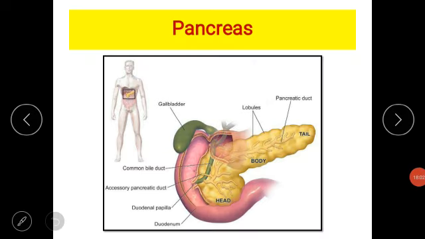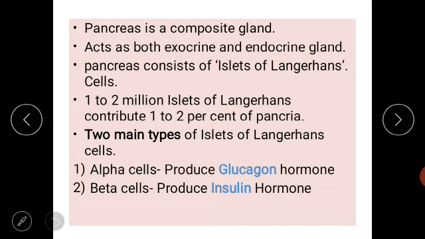Let us take a recap of the pancreas. Pancreas is a composite gland which produces both exocrine secretions, that is enzymes, and endocrine secretions, that is hormones. It acts as both exocrine and endocrine.